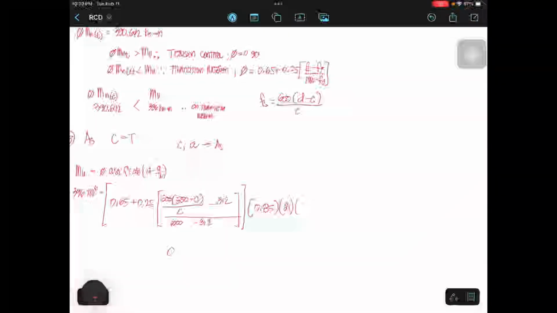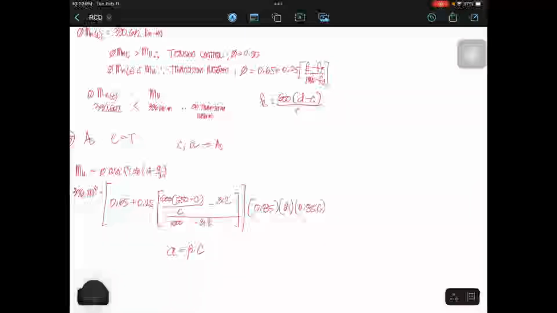So the depth of the compression block is beta 1 factor multiplied by the distance from the neutral axis. So substitute 0.85 C. Okay, since we don't have a value for C yet.